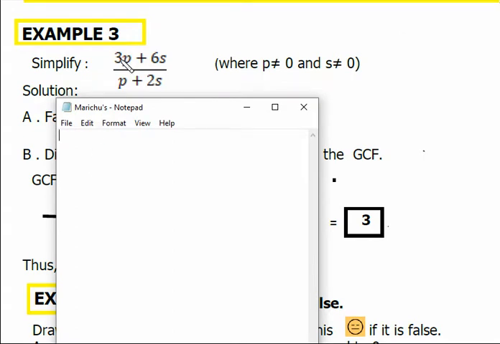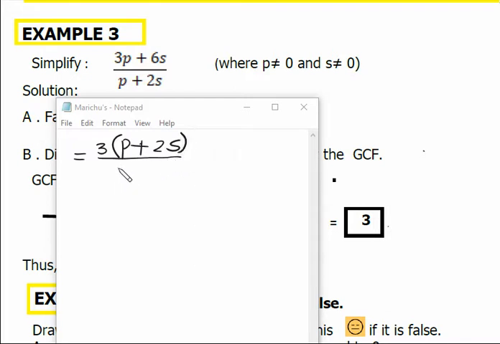So what is common in the numerator? What is the common monomial factor of the numerator? I will not copy the expression to save time. What is common? We have 3 is common. So we factor out 3. And what is left is p plus 2s.